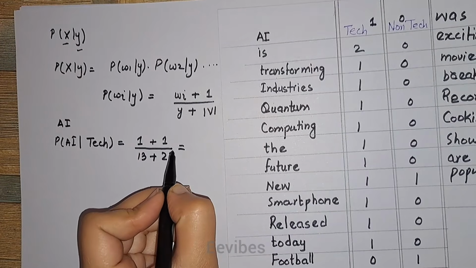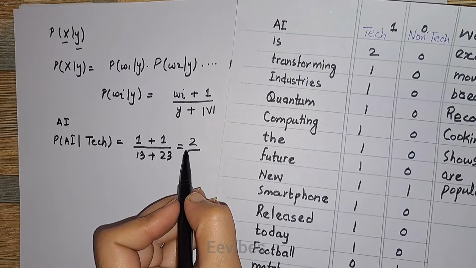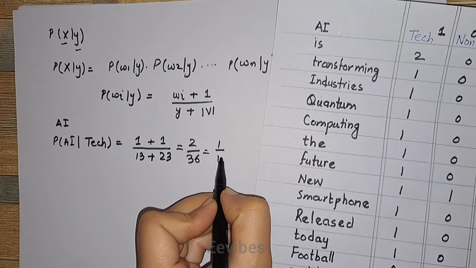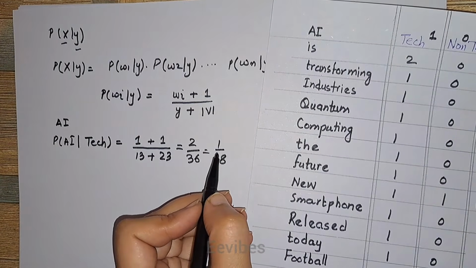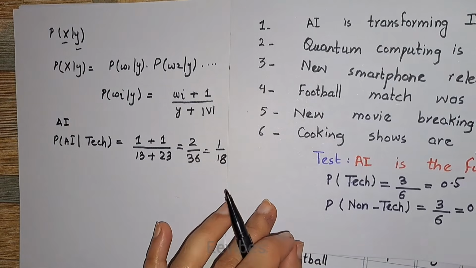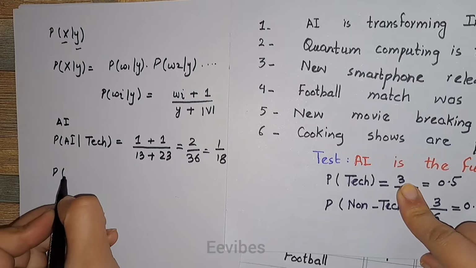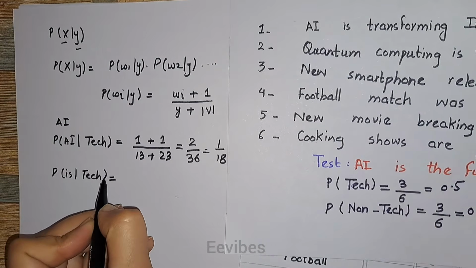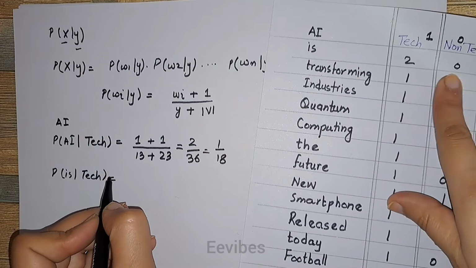So this gives us 2 divided by 36, which is equal to 1 divided by 18. Similarly, the next word in the sentence is "is". So the probability of "is" belonging to the tech class is equal to, again, the count of "is" in the tech class is 2.